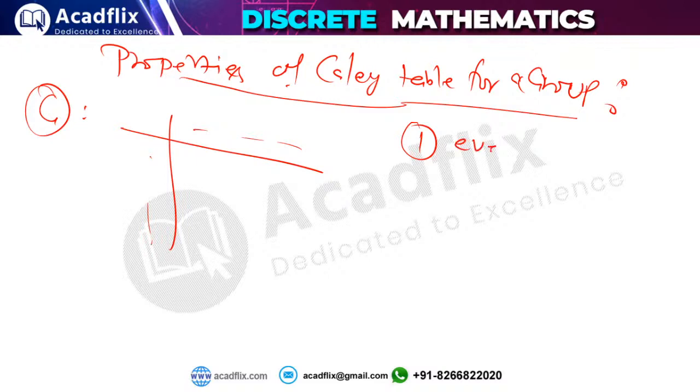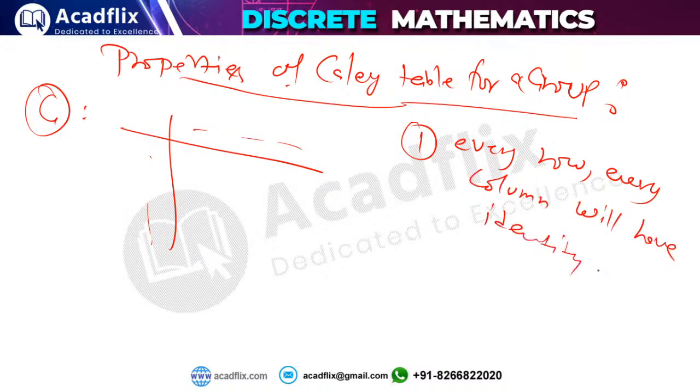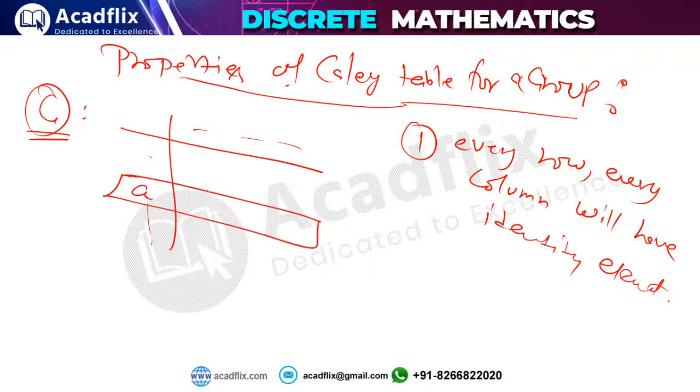I can say every row, every column will have the identity element. What is the reason? The reason is this: G is a group. If you take any row, in this row you will definitely have the identity element. Why?